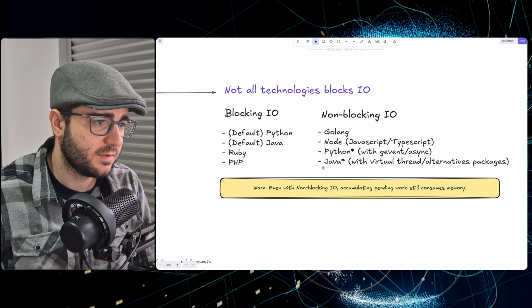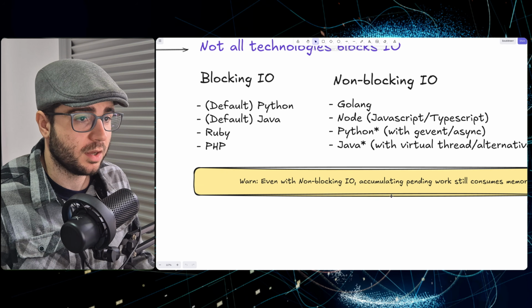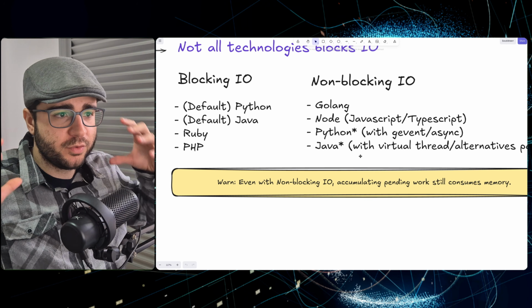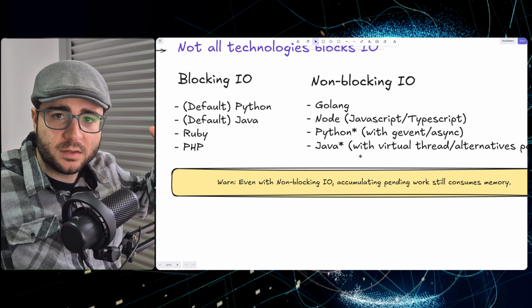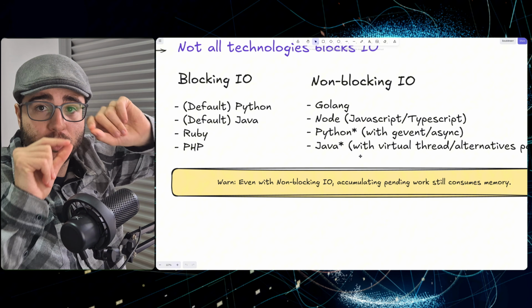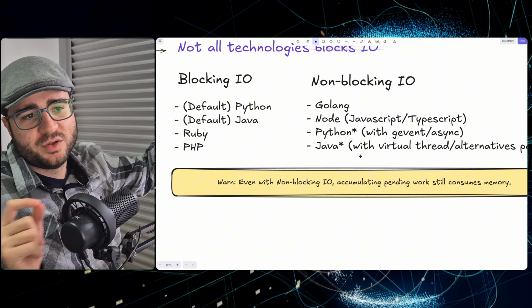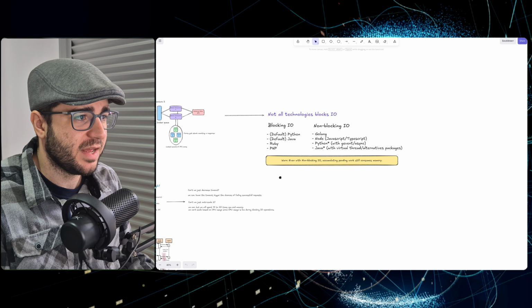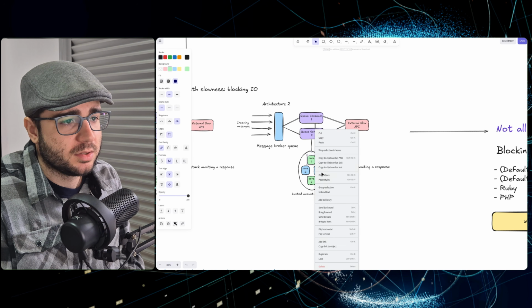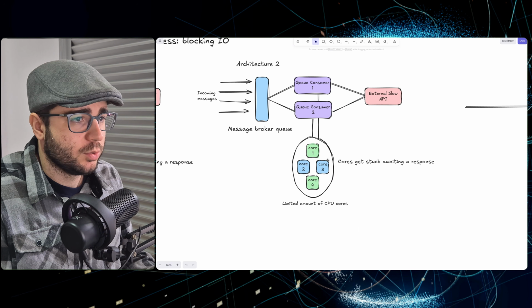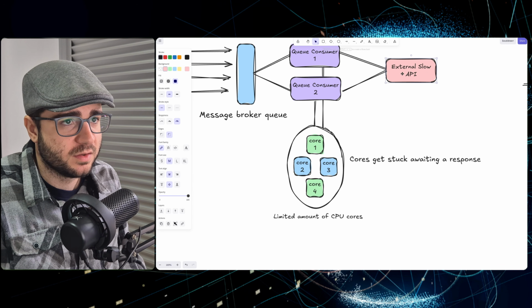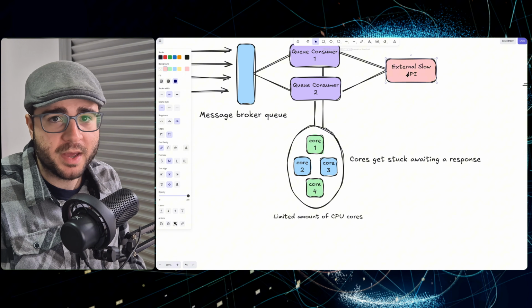But notice that even with non-blocking I/O, we are not going to block the CPU, but we still accumulate the tasks, the things that we are working on, right? So we still are going to accumulate memory. So even though from that CPU scalability perspective we don't have the same issues, like right here, for example, core 2 started to do this request to that external API, but it's non-blocking.